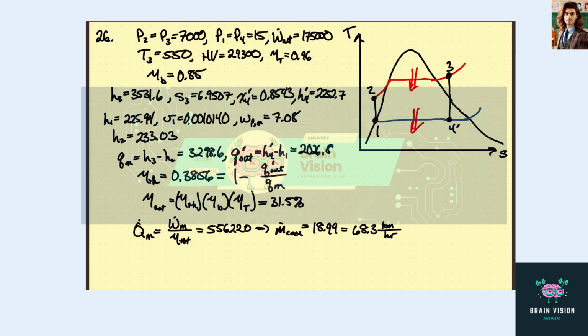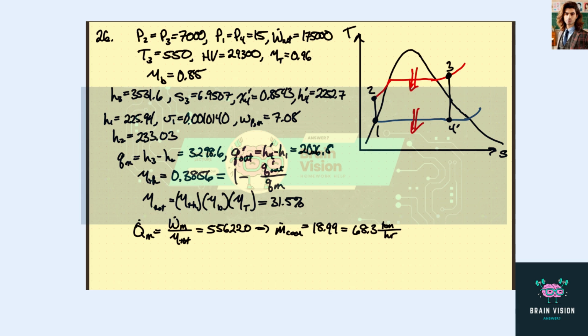Now the total efficiency we can get by taking the thermal efficiency of the cycle, multiplying it by the efficiency of the turbine, and then multiplying that by the efficiency of the boiler. This gives us the efficiency from the energy in the coal to how much we're getting out as work.